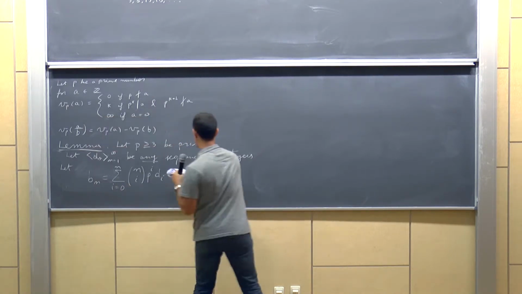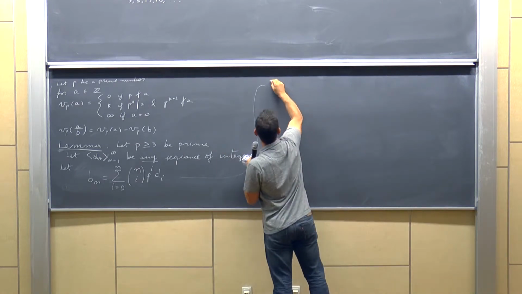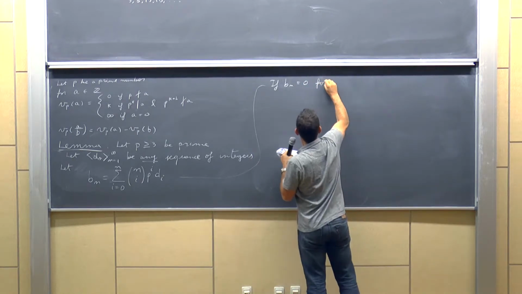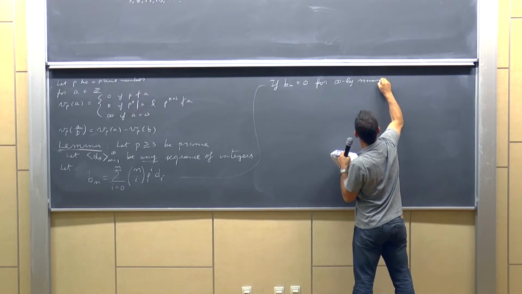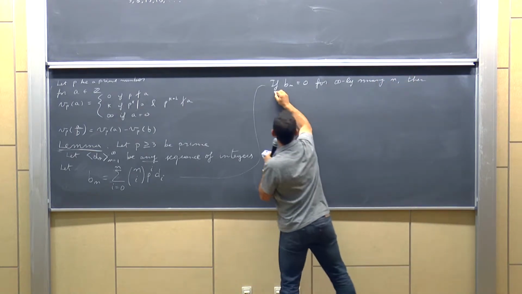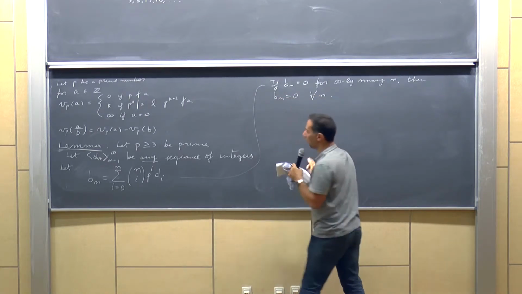And the lemma says that if b_n equals 0 for infinitely many n, then b_n equals 0 for all n.